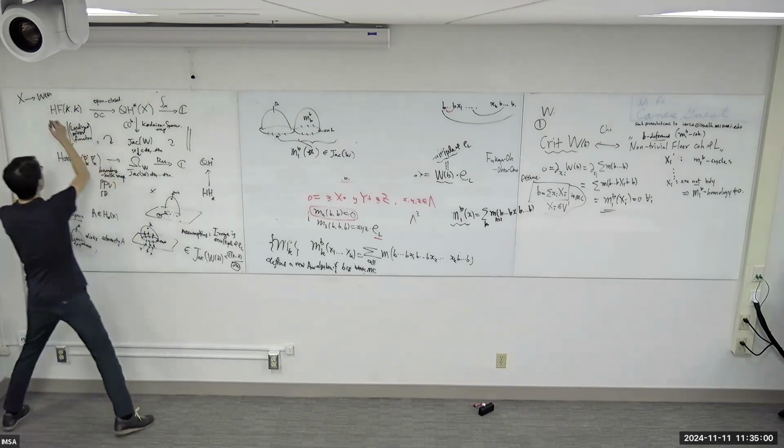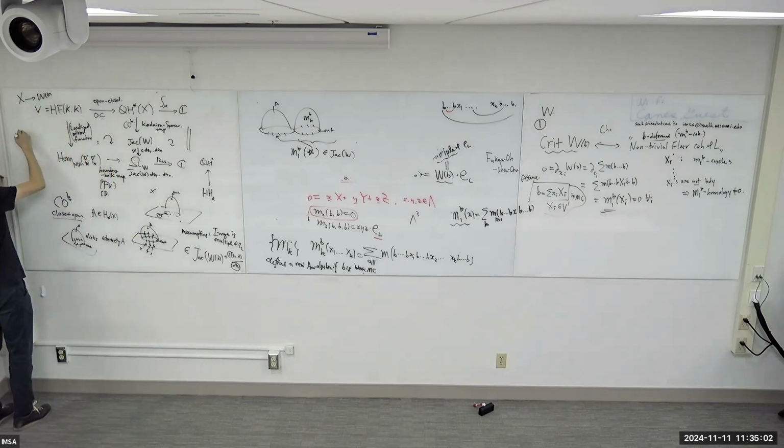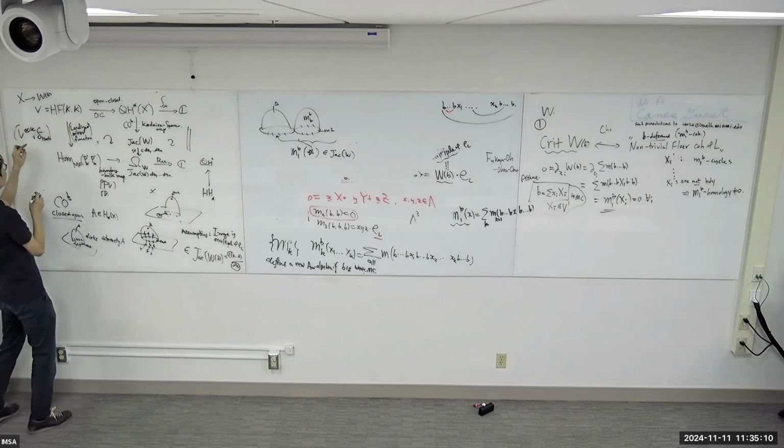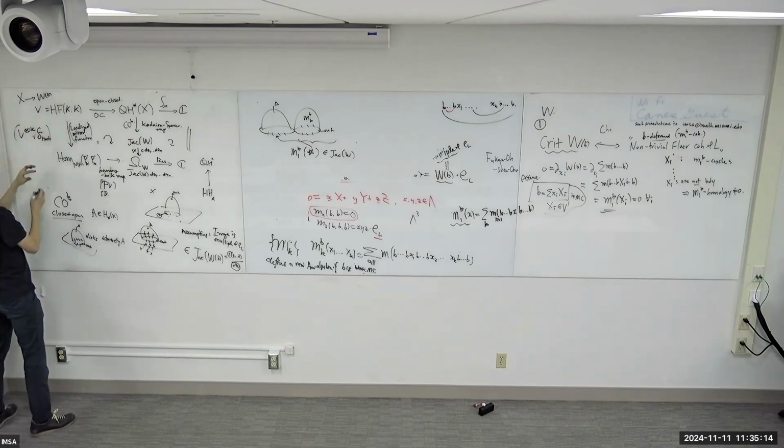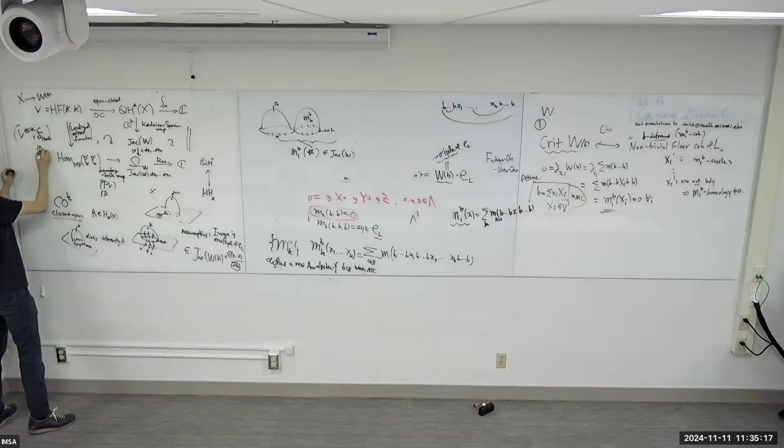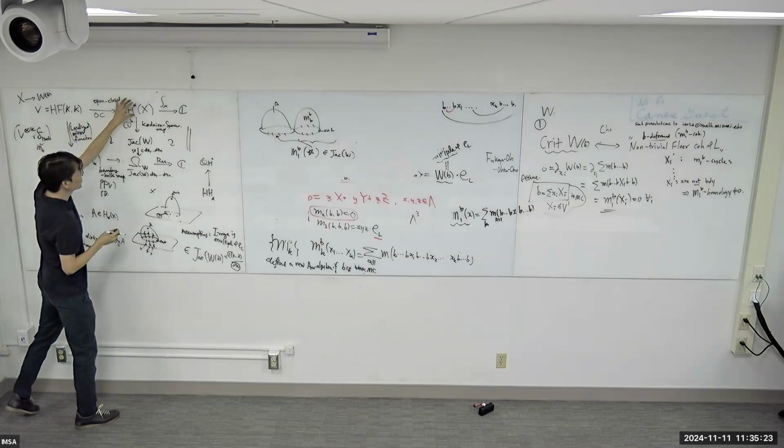So say this is V, then you have V tensor k with some Hochschild differential. You can also extend this to the Hochschild differential, which kind of uses m_k. The A-infinity Hochschild complex uses m_k, and there is a map from here to here.